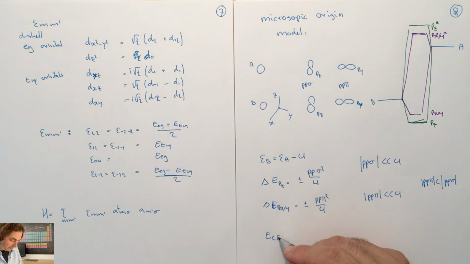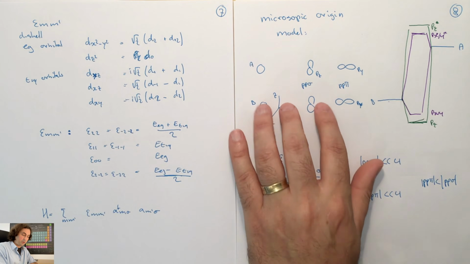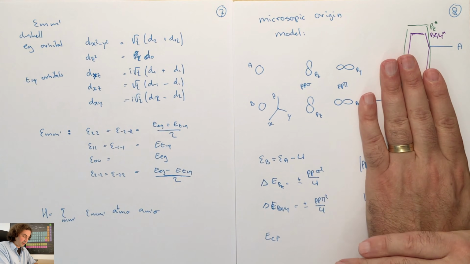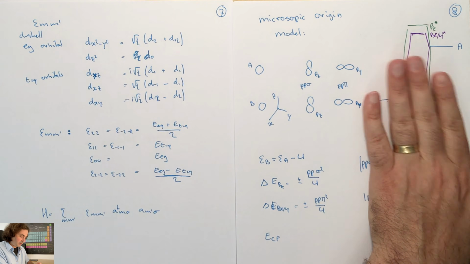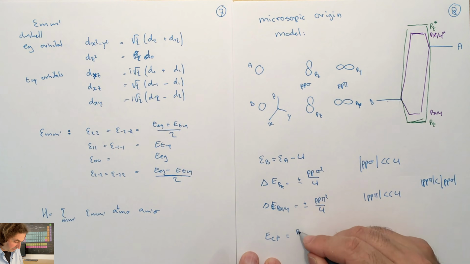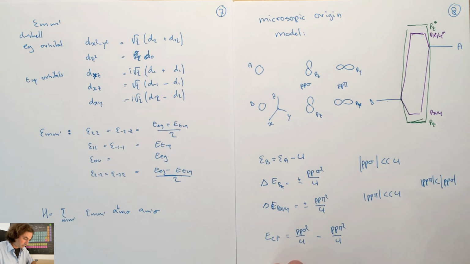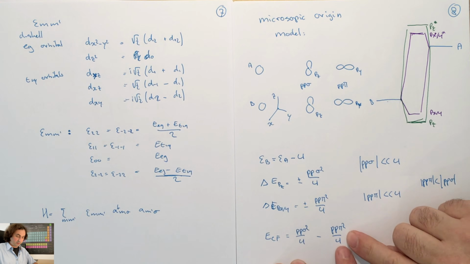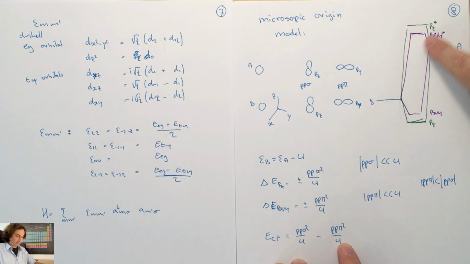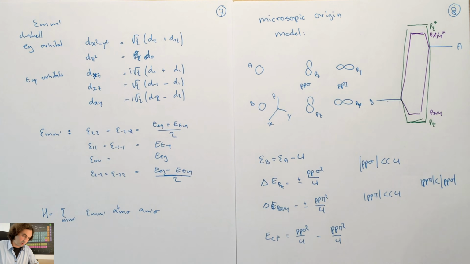Our crystal field is where we focus not on both atoms, where we have a bath and an atom, but only on a single atom, and we see that we get an effective splitting between the pz and the px orbital, and that energy splitting is pp sigma squared divided by U minus pp pi squared divided by U. So in order to calculate your crystal field energies, you have to look at a detailed balance between the Coulomb energy, the on-site potentials, as well as the kinetic energy gain in such a model.